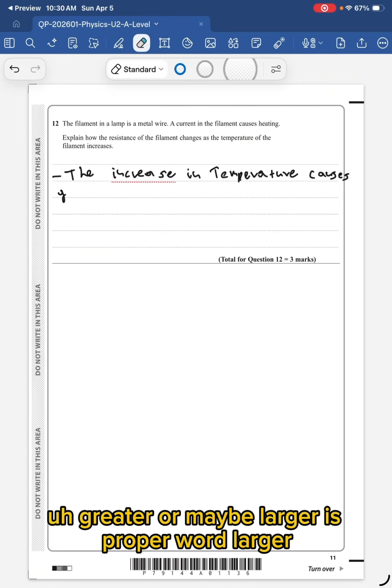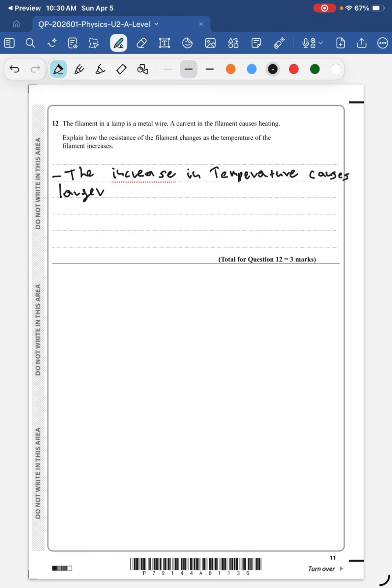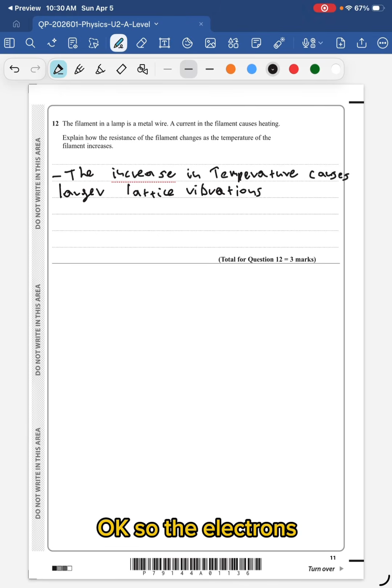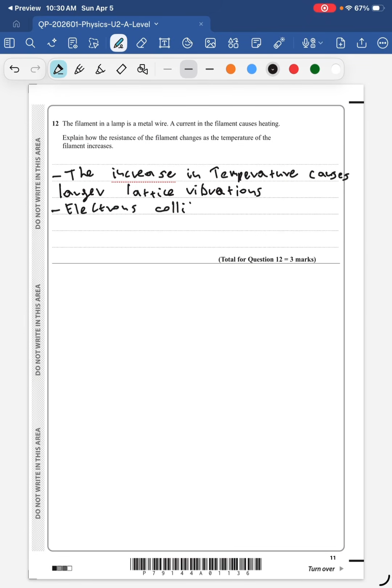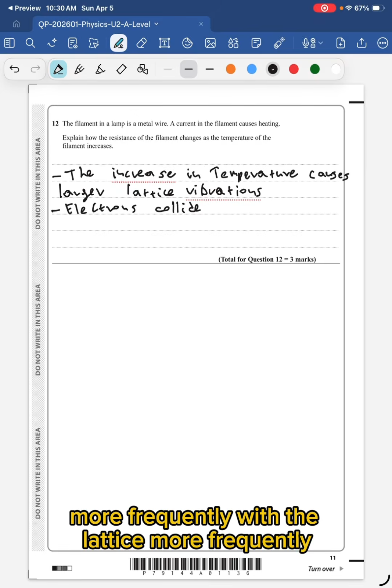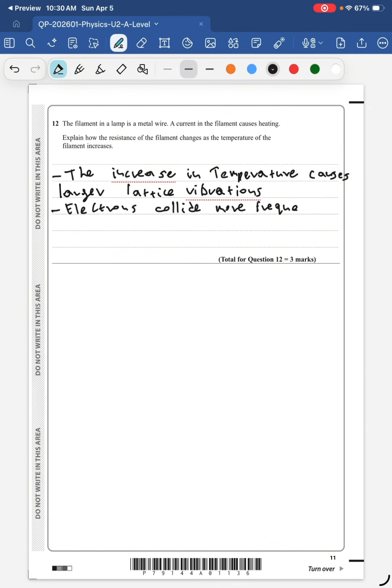okay, so it causes larger lattice vibrations. Okay, so electrons collide more frequently with the lattice.